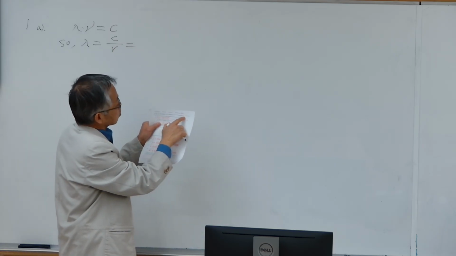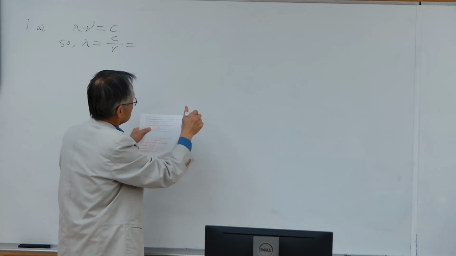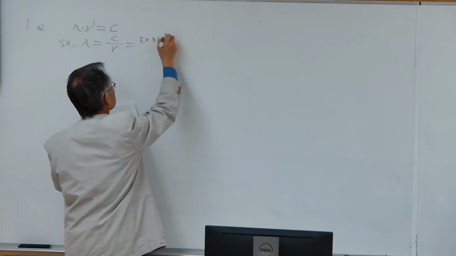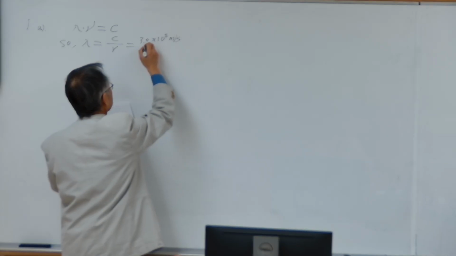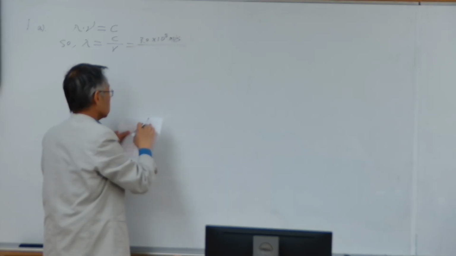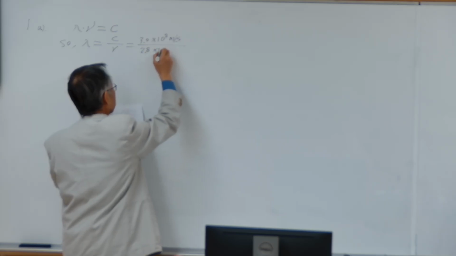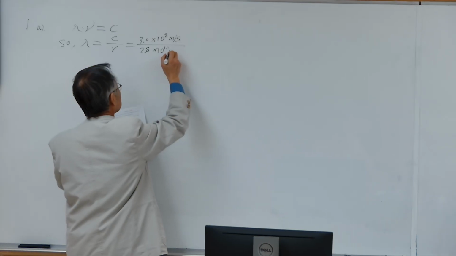Light speed c I provided you here in the top of this sheet is 3 times 10 to the 8th meter per second. Frequency tell you is 2.8 times 10 to the 10th hertz.